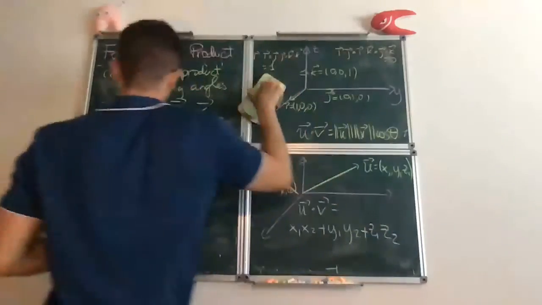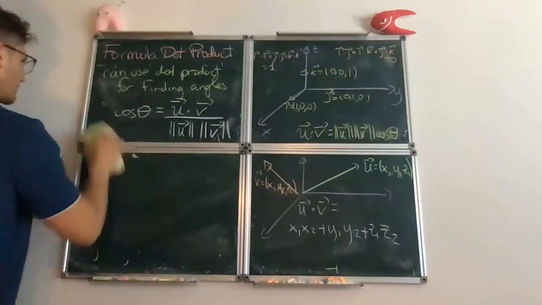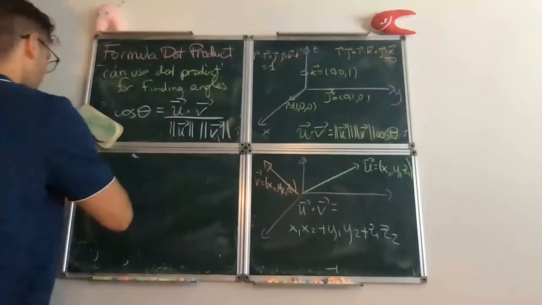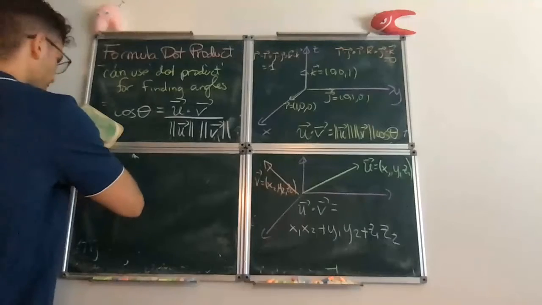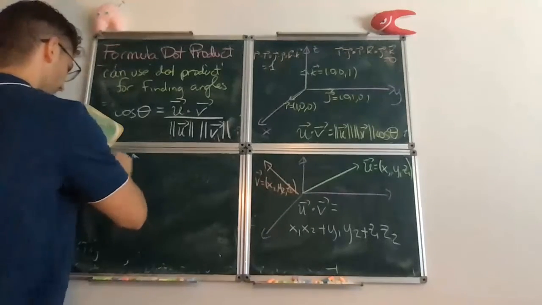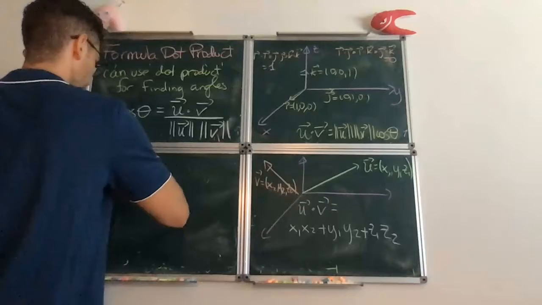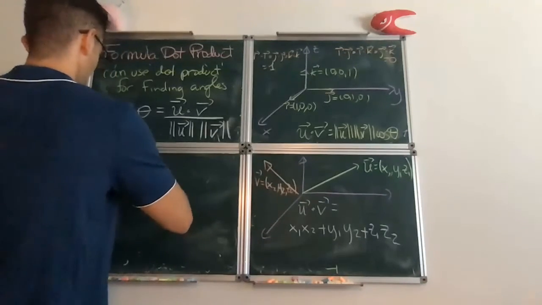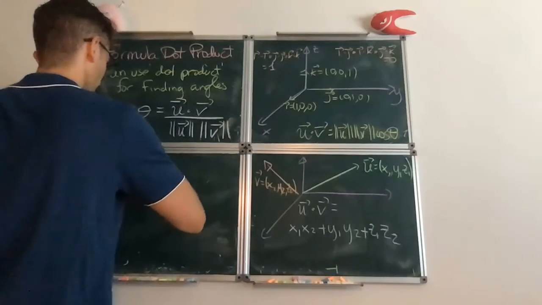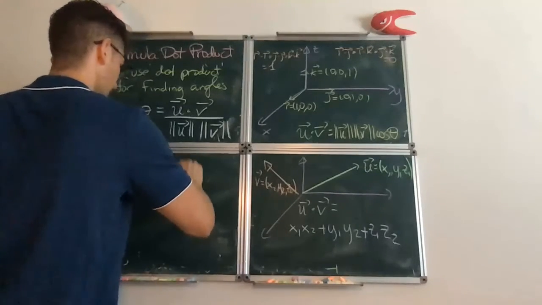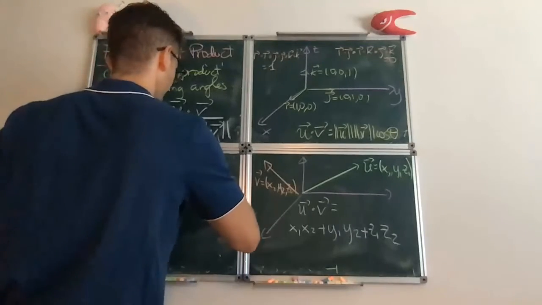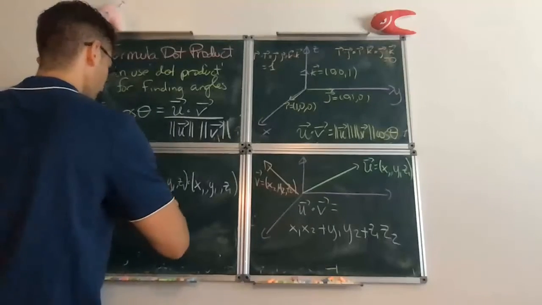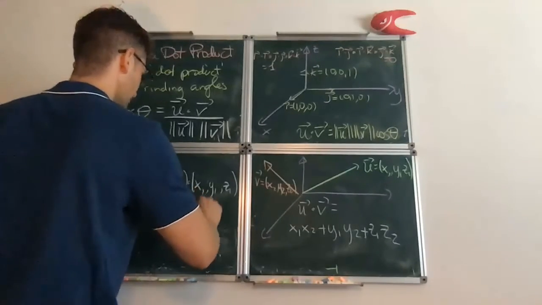And the other thing to say is that as a particular case of this formula, you can define the norm of a vector with itself, u dot u, as just, let's say, x1, y1, z1 dot x1, y1, z1. So you get x1 squared plus y1 squared plus z1 squared.